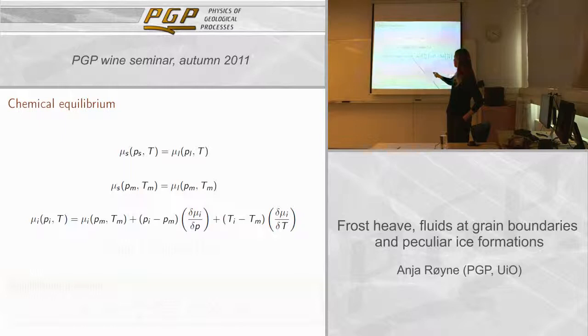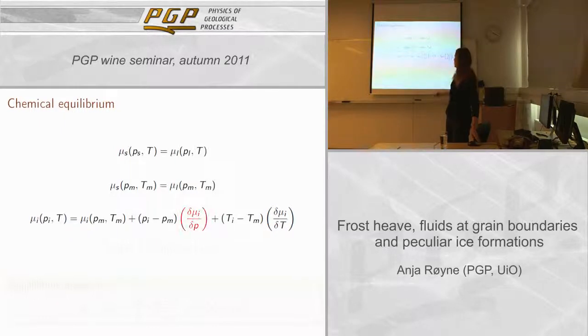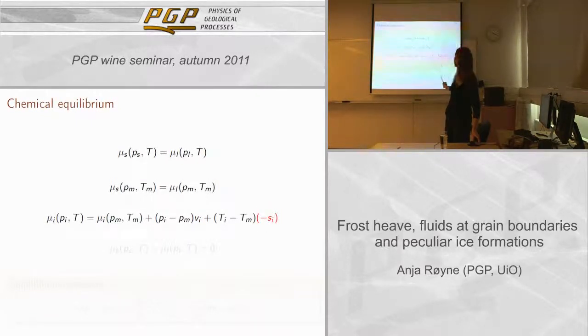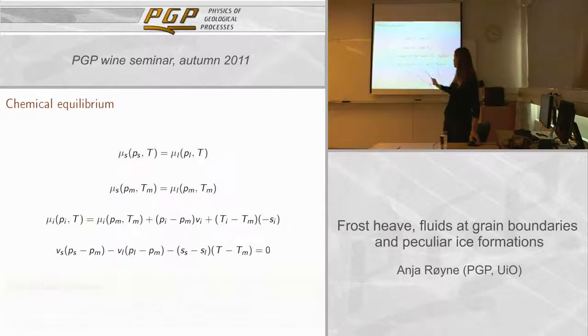So you move in the direction of pressure, the slope in that direction, and the direction of temperature, and you do the slope in that direction. And then this is by thermodynamics. This is just the volume, and then this is just the entropy. And then you put these two equal, because you're at equilibrium, and you get this relation.